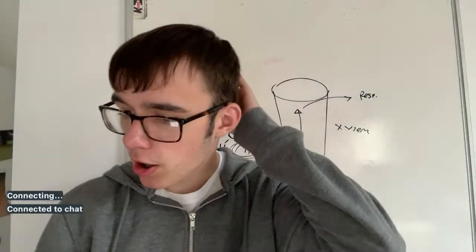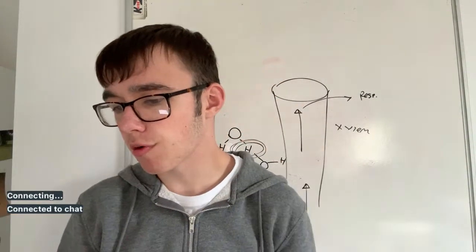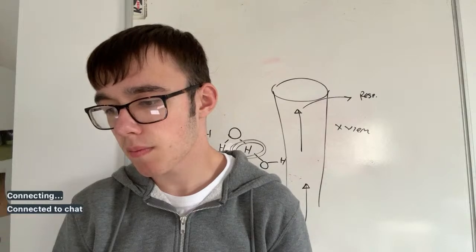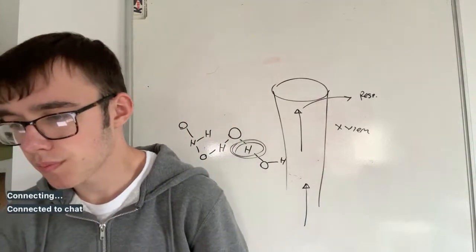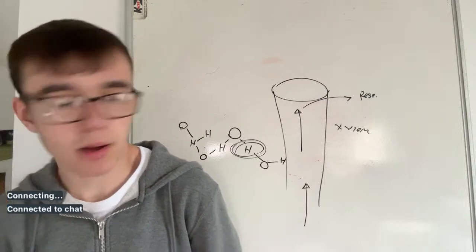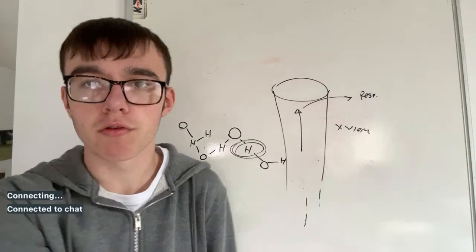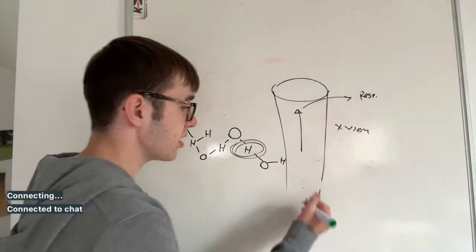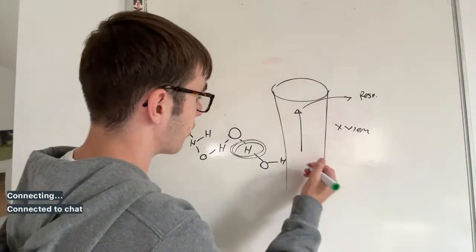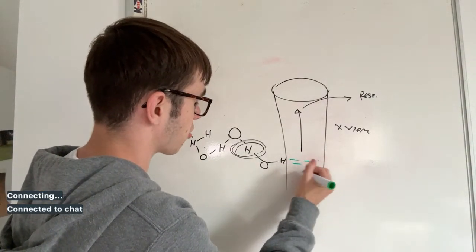Yeah. Cohesion from hydrogen bonds. I would have gotten a mark, maybe one or two. So I wouldn't have needed to say anything about respiration. The idea it wanted me to talk about was that it needs to remain unbroken because of this water column.